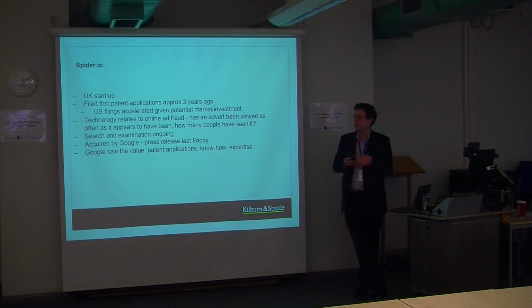So if I load up the Guardian front page, there's an advert halfway down on the right-hand side. Previously, you would typically say that if the Guardian front page has been loaded, that counts as a view, or if there's a click on that advert, that counts as a click. But previous approaches haven't properly captured whether your browser window was actually over that part of the web page, whether you could actually see it.